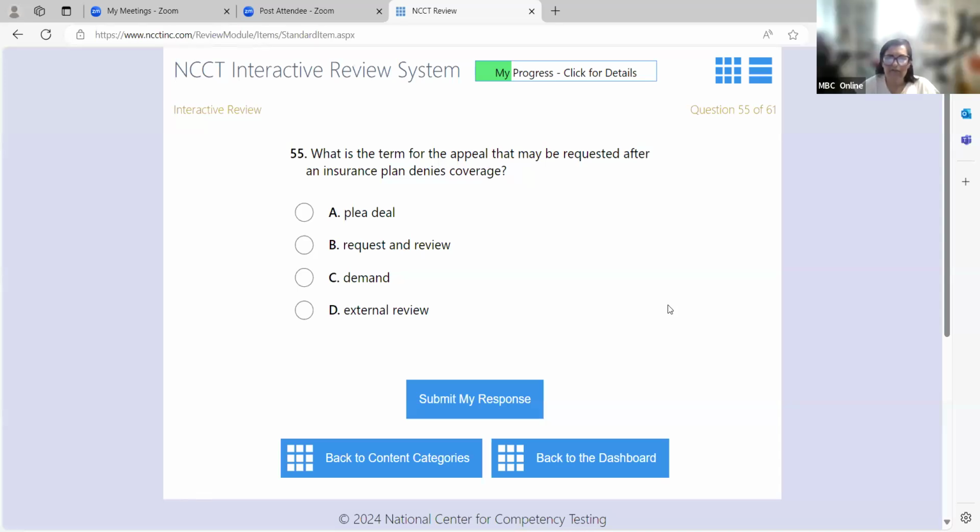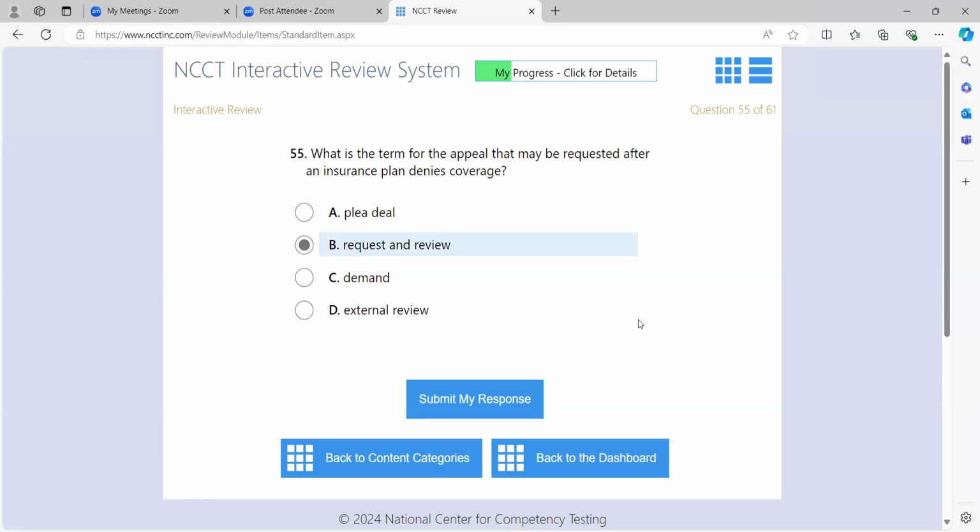What is the term for the appeal that may be requested after an insurance plan denies coverage? Plea deal, request and review, demand, or external review? I'm going to say B as in boy. Okay, request and review. Is there another answer?